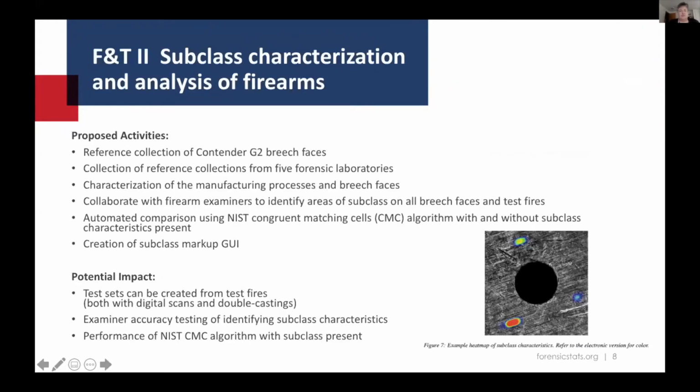Line 2 is led by Professor Keith Morris and consists of an analysis of subclass characteristics in firearms. The plans are to collect data in the first place, to collect a reference collection of Contender G2 breech faces, to expand on reference collections from different forensic laboratories, and then go into a characterization of the manufacturing process of breech faces.